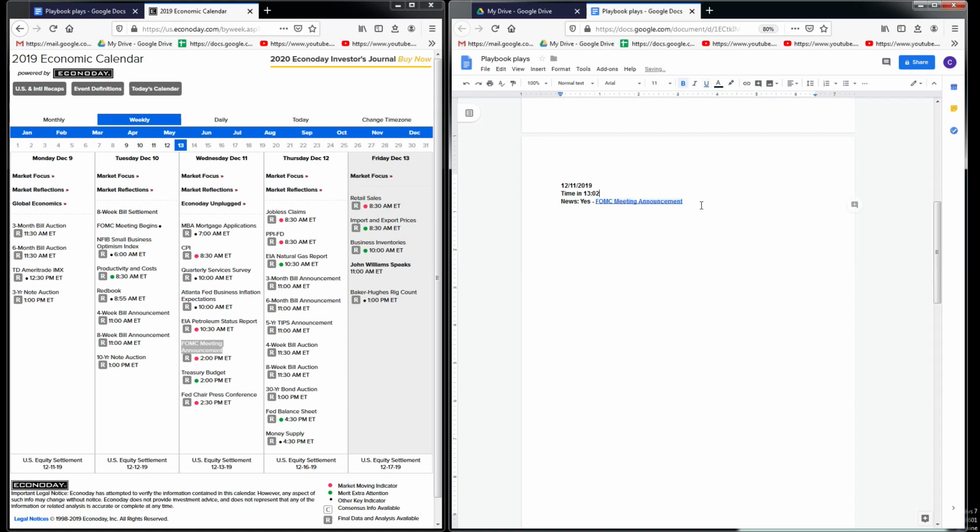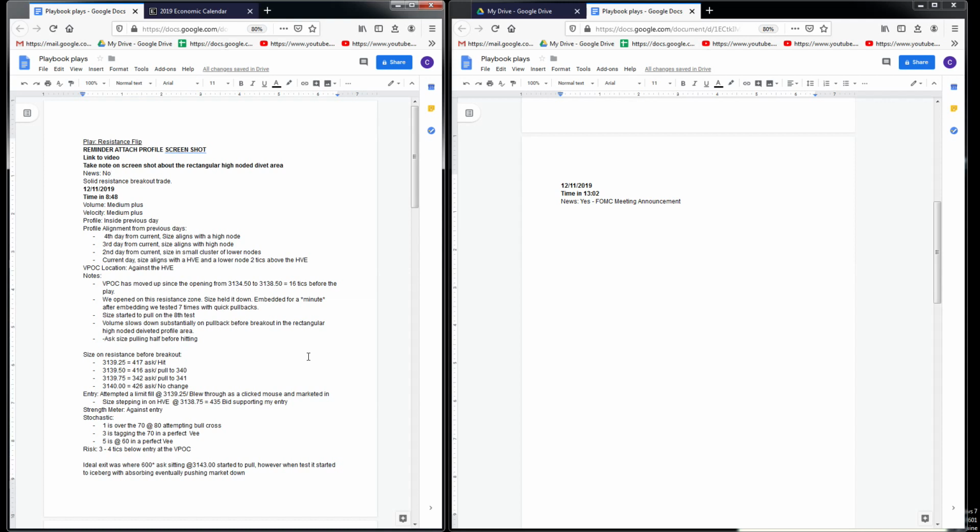Controls. Sorry, I'm learning how to use this at the same time. So FOMC meeting announcement. It says solid resistance breakout here.